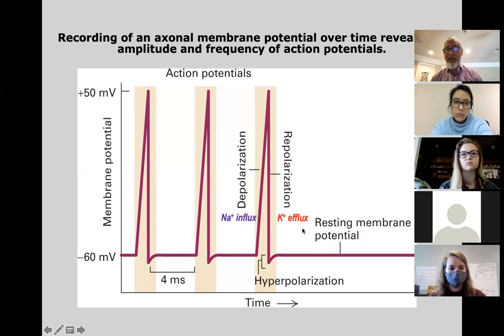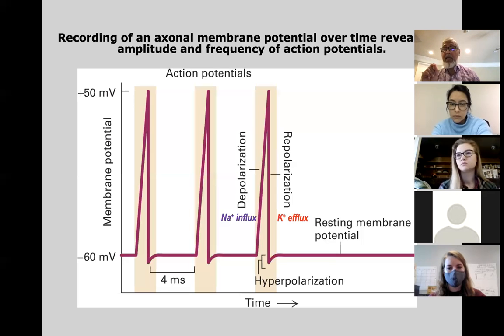Now, when the efflux of potassium starts, the cell will start losing its positivity, and it will eventually reach its resting membrane potential. It will come back to minus 60. But even at its resting membrane potential, before the potassium channels are closed, the cell goes in fact more negative than its resting potential for a transient period of time.